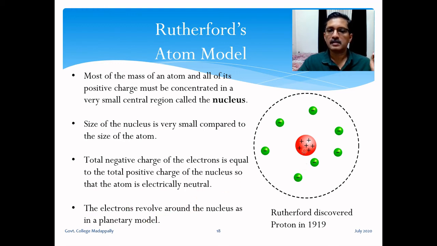So this is the central region, nucleus, and the electrons are revolving around the nucleus in different orbits. This was the model proposed by Rutherford in 1911, and by 1919, Rutherford also discovered proton, that every nucleus must contain this positively charged entity, proton.